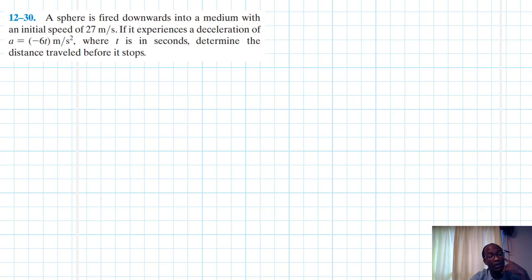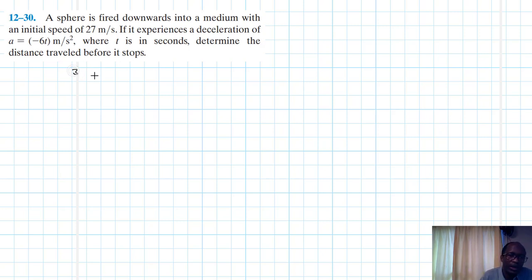So before we start solving this particular problem, let's remind ourselves of the three basic kinematic equations for problems like this. We are dealing with rectilinear motion, which is motion in a straight path or a straight line.